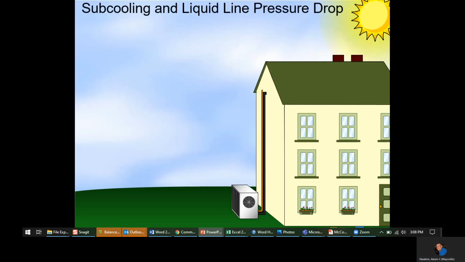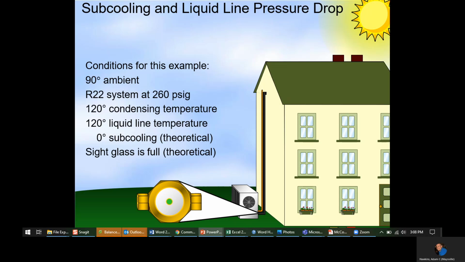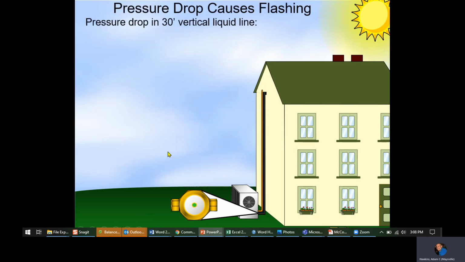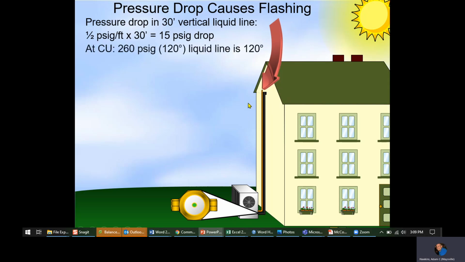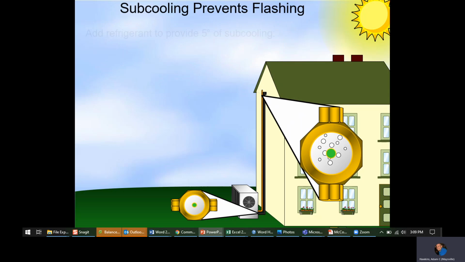Okay, so for example, theoretically, and you've got a sight glass on here to see what you're dealing with, if you've got 0 degrees subcooling, the sight glass is full. But by the time you run it up this line and get it up to the attic, you're going to lose pressure, which means your temperatures are going to change, which means now you're going to flash off some of that refrigerant, and cause some of that liquid to become vapor.